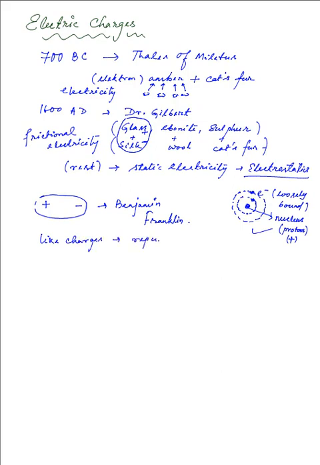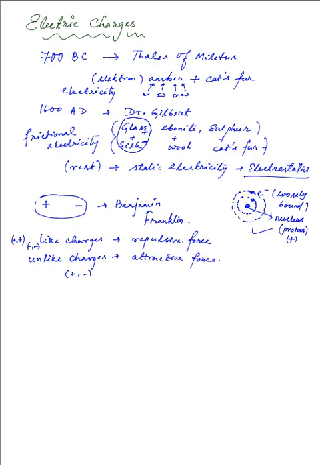They provide a repulsive force on one another, while unlike charges, that is one positive and the other negative, or vice versa, always attract each other. So the force is always an attractive force between them.